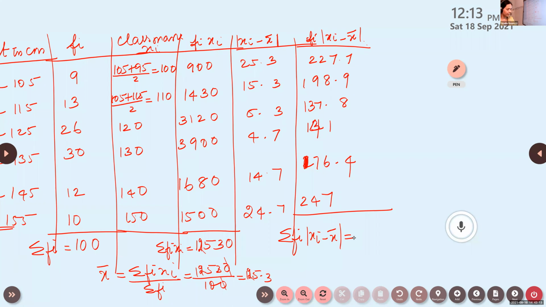What is sigma fi into xi minus x bar? Calculate it and give the answer.